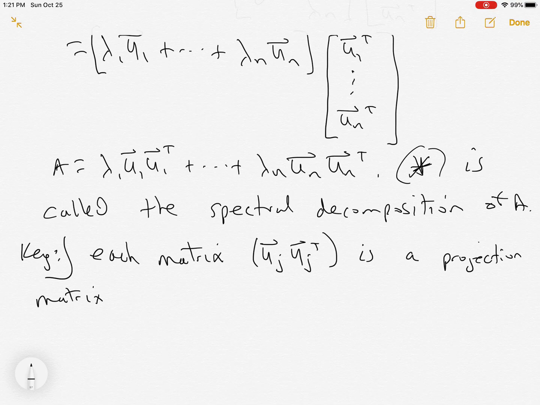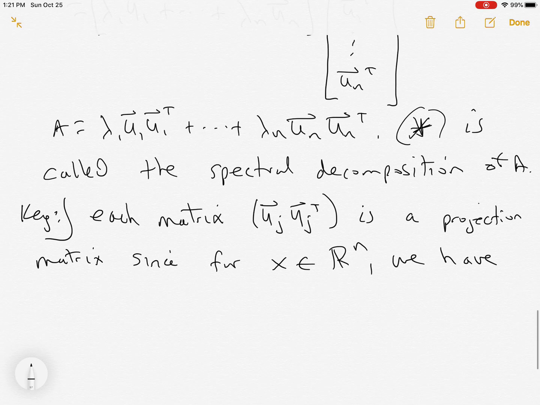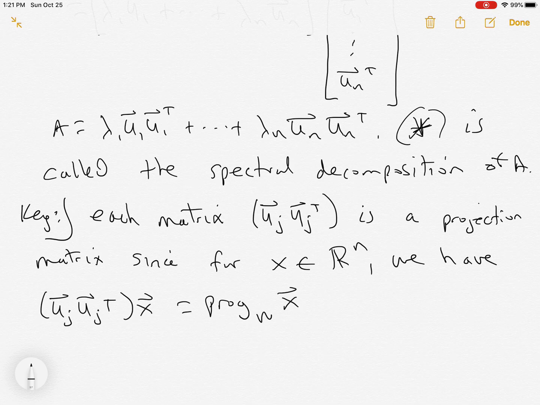Since for x in Rn, we have UJ UJ transpose x is equal to the projection of x onto the subspace W, where W is the span of the UJs.